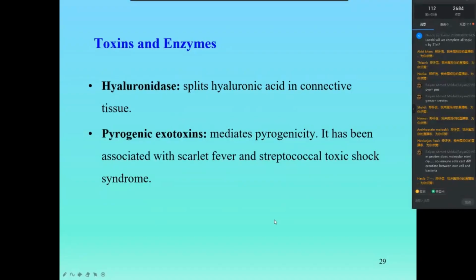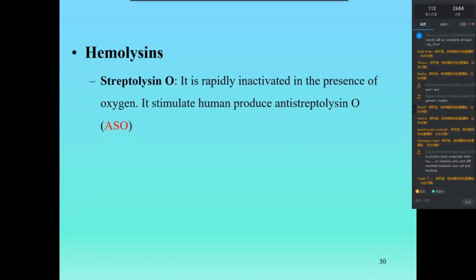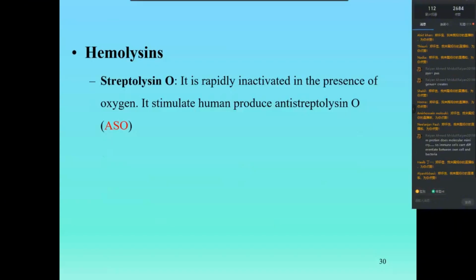The group A bacteria can invade and cause infection, which can further cause things like streptococcal toxic shock syndrome and scarlet fever. And these are diseases caused by bacterial infection directly.